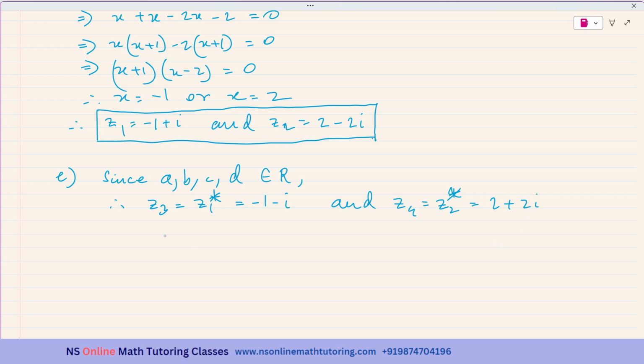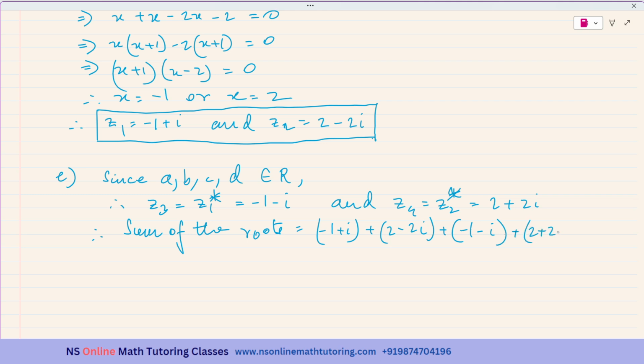Okay. So therefore, sum of the roots equal to -1 plus i plus 2 minus 2i plus -1 minus i plus 2 plus 2i should be equal to negative A over 1. Okay.